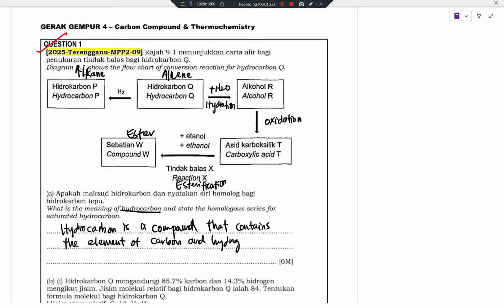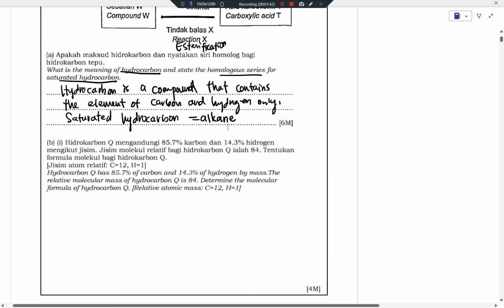Okay, this should be your answer definition. And then state the homologous series for the saturated hydrocarbon. Saturated hydrocarbon is the alkane.